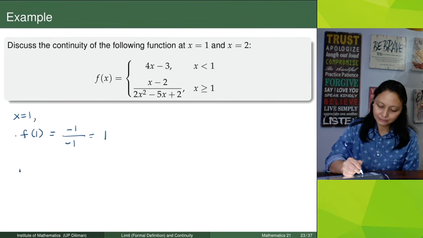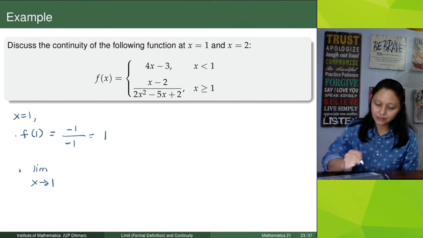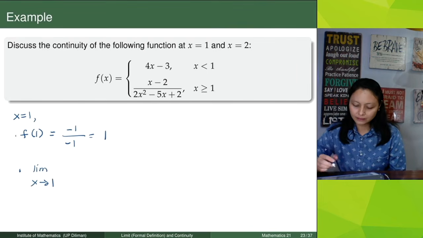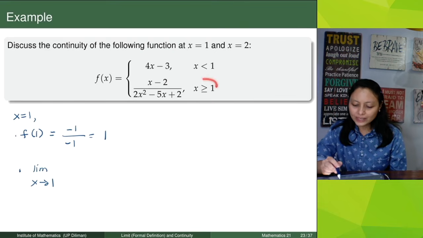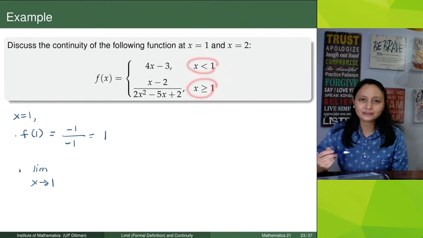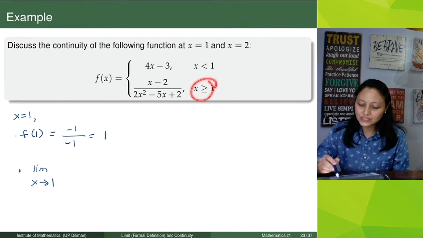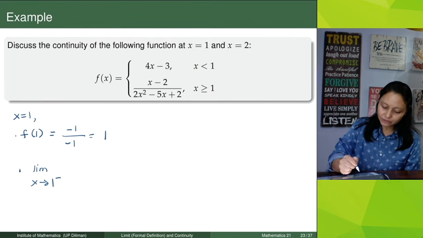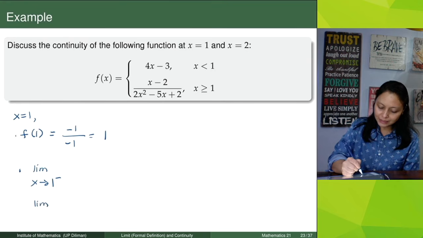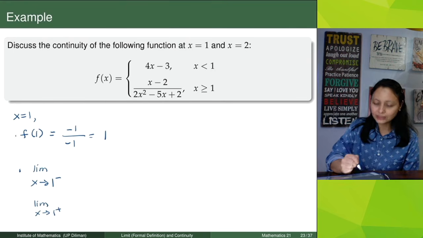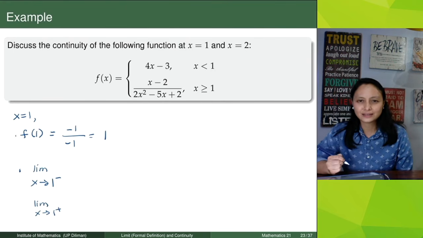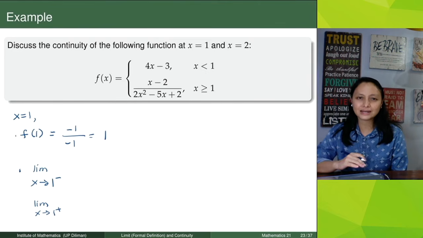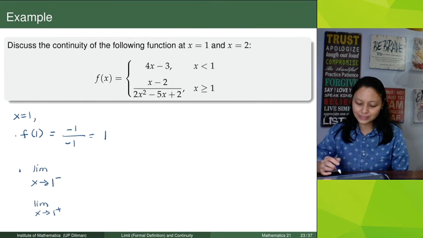Next, get the limit of the function as x approaches 1. Okay. Pero kung titignan nyo, ang 1 ay parang boundary ng interval. Kung boundary siya ng interval, you have to get the limit as x approaches 1 from the left and get the limit as x approaches 1 from the right. Okay? Kasi magkaiba yung function sa right and sa left ng x equals 1.